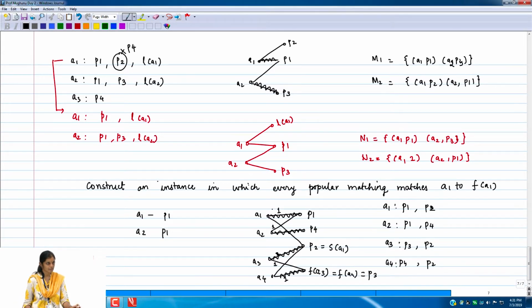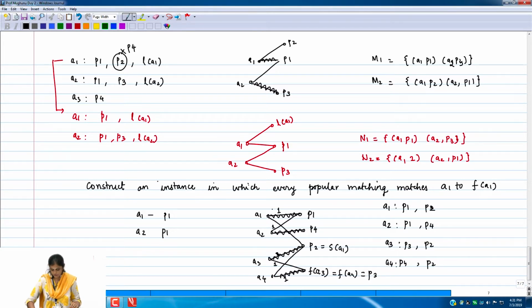So therefore, in this instance, we have the property that A1 in every popular matching gets P1. It's not that there is a unique popular matching; there is a popular matching which we have drawn here, and there is another popular matching which can switch A3 to P3 and A4 to P2, right.